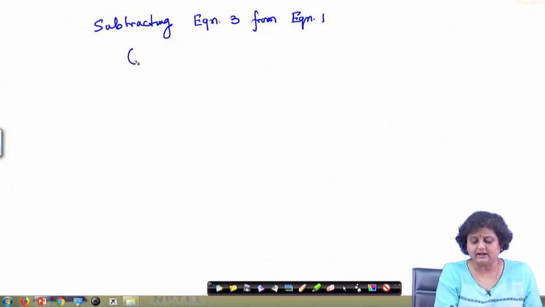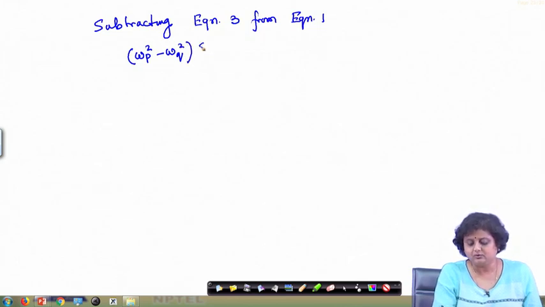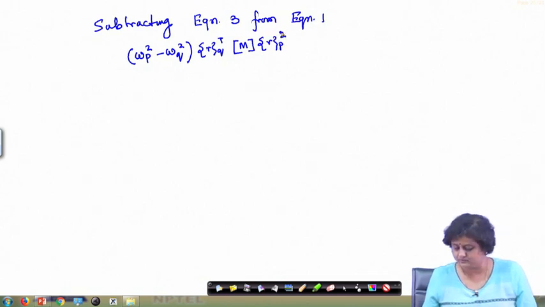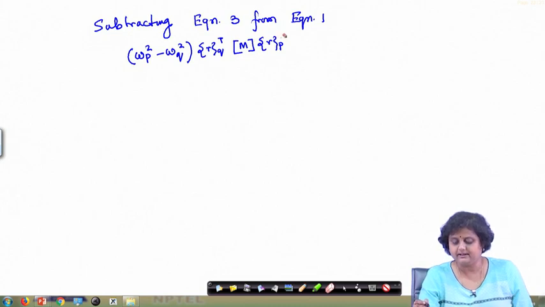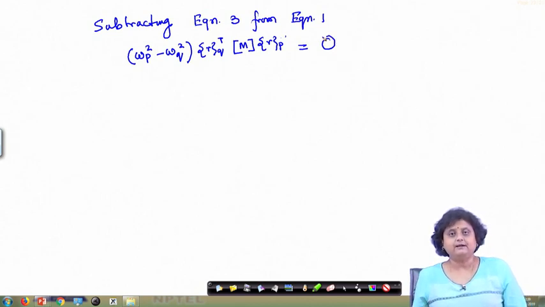If I do that, I will have omega p square minus omega q square into r q transpose into m into r p, not transpose, into r p, and that is going to be equal to 0, because the right hand side of both equation 1 and equation 3 are same.